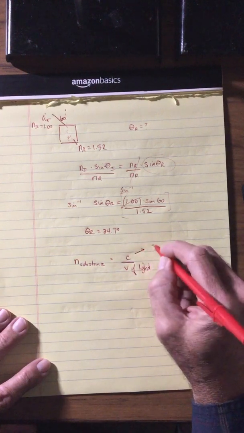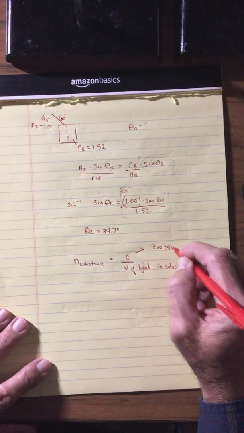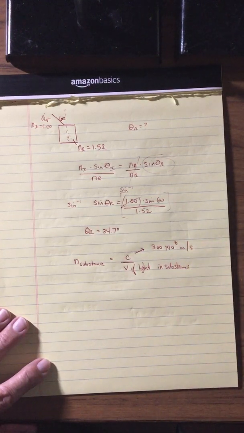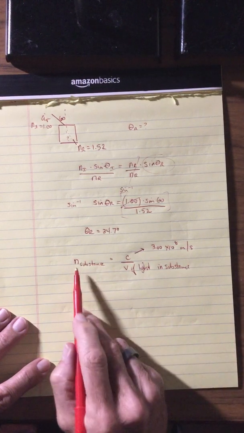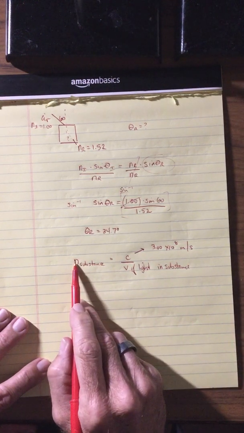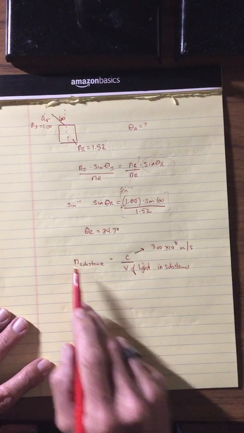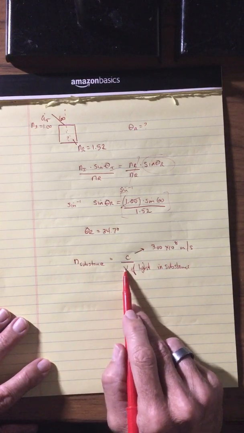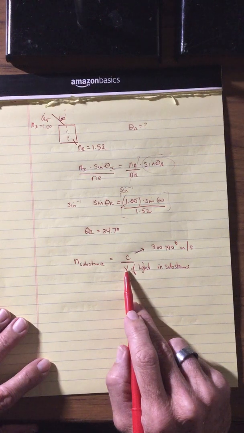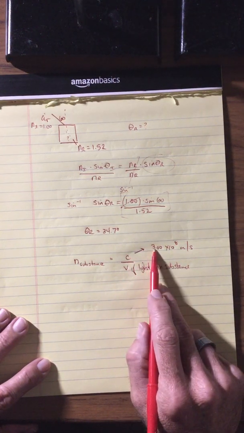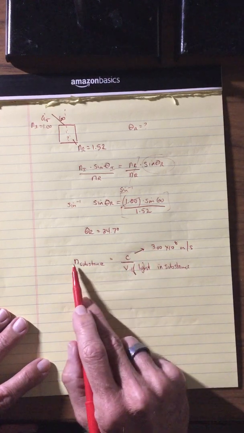Of course, the speed of light is equal to 3.00 times 10 to the 8th meters per second. Now, imagine we're going through a vacuum. A vacuum has an index of 1.00, so the velocity of light in a vacuum is the same as the speed of light, because the same number divided by the same number is equal to 1.